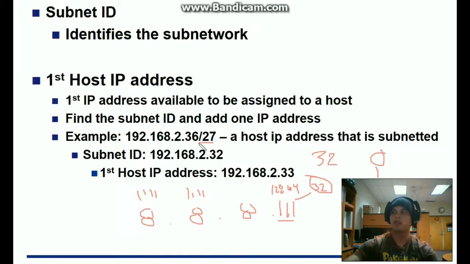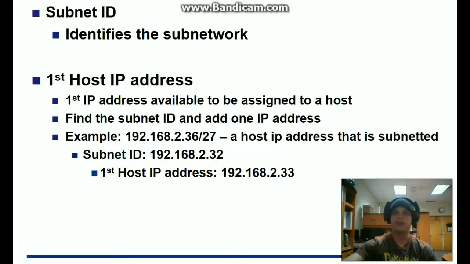So this dot 36 belongs to the 32 subnet. So that's how we get the subnet ID of dot 32. All right, makes sense. Now, to find the first available host IP address, just add 1 to it. Bam, there it is. First host IP address. Simple, easy peasy.